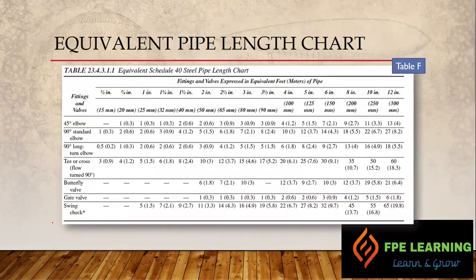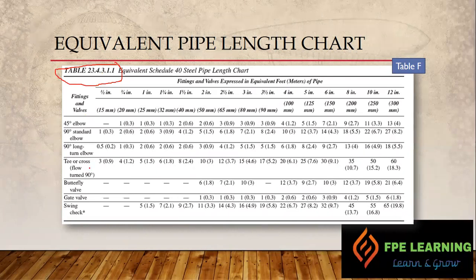Okay, so we discussed the frictional loss in the straight pipe only. How about fittings, valves, elbows and all? We have to use this chart. This table is taken from NFPA 13, 23.4.3.1.1.